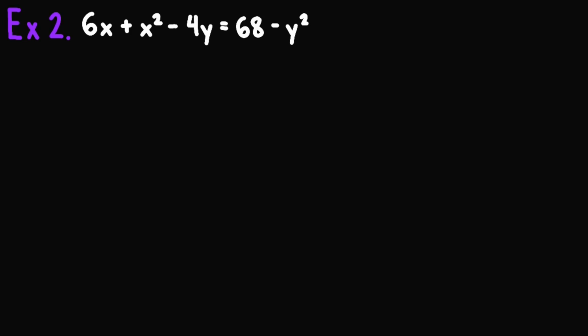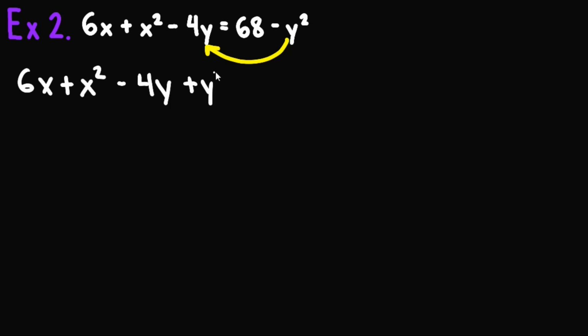So again, the first step is to combine the x's and the y's beside each other. So to do that, we first move this y squared out here on the left side. So we'll have 6x plus x squared minus 4y plus y squared equals 68. Next, we rearrange these terms.